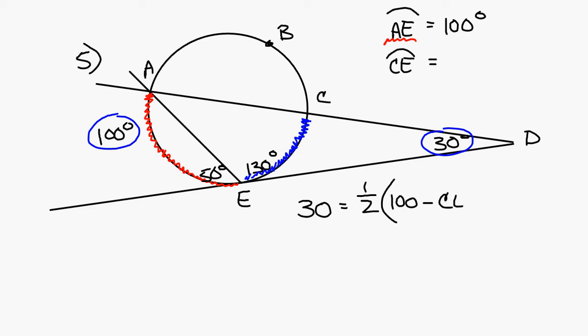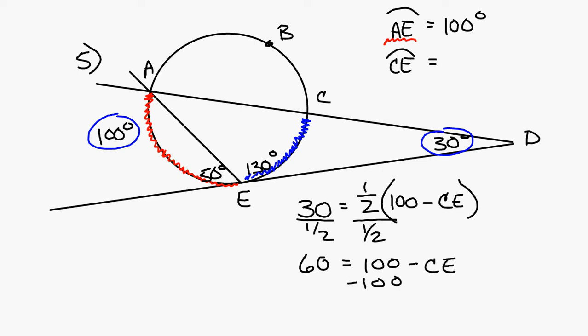So divide both sides by 1/2, and 60 equals 100 minus CE. Subtract 100 from each side, and negative 40 is equal to negative CE.